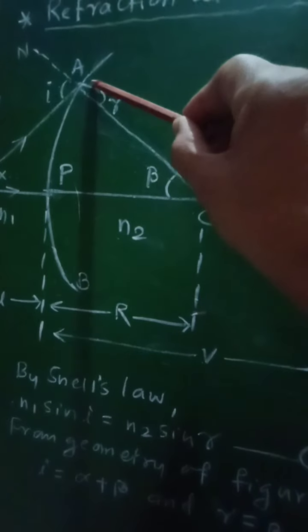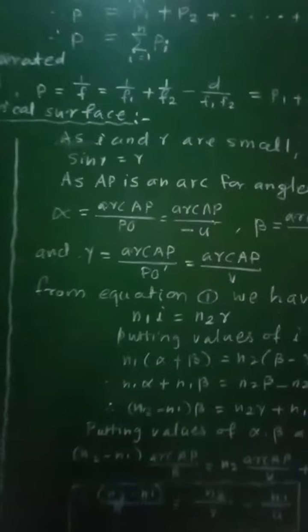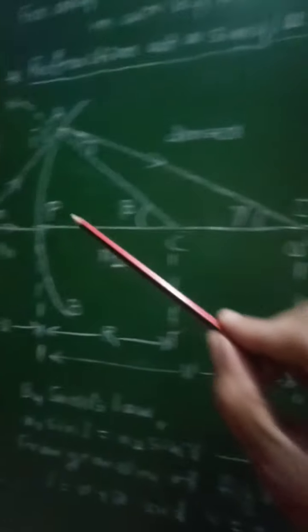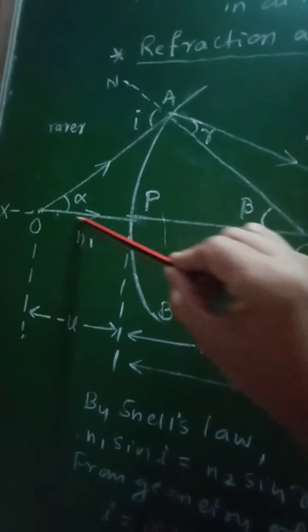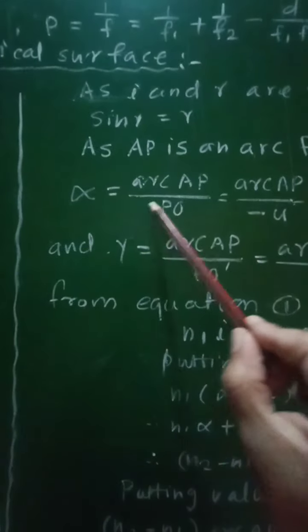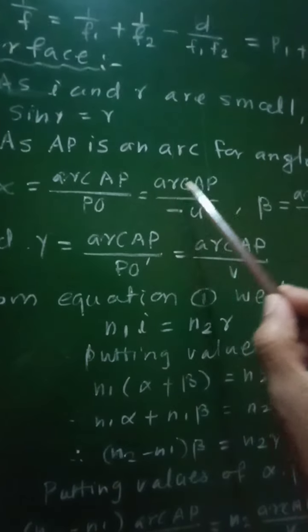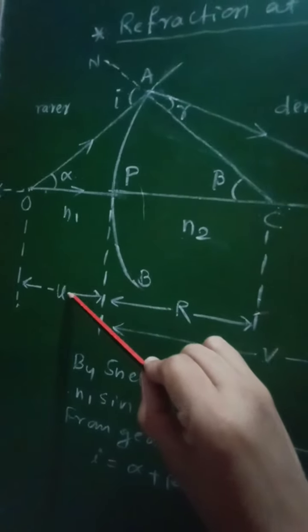In terms of the arc, alpha will be equal to arc AP upon radius OP, that is arc AP upon PO, which equals arc AP upon minus u, because the distance OP is equal to minus u.